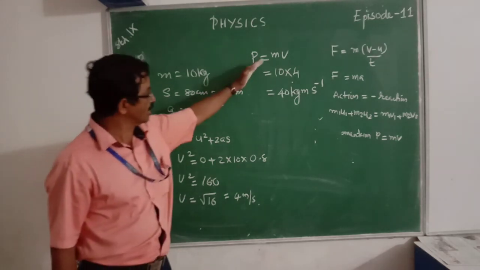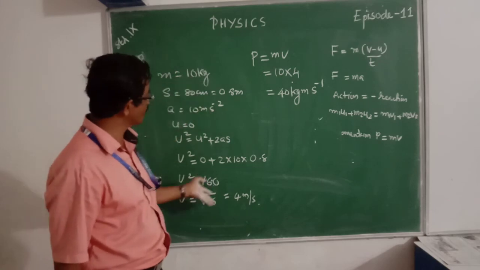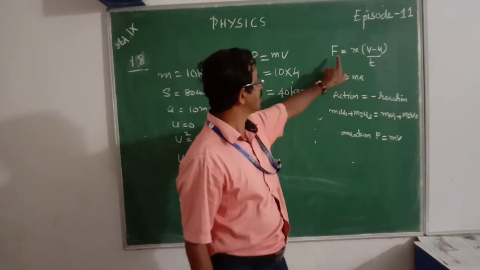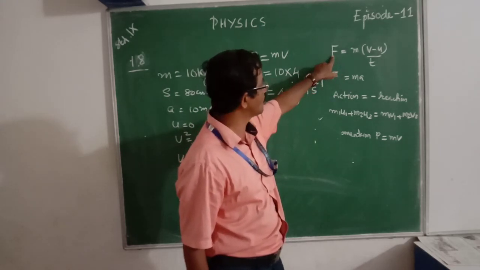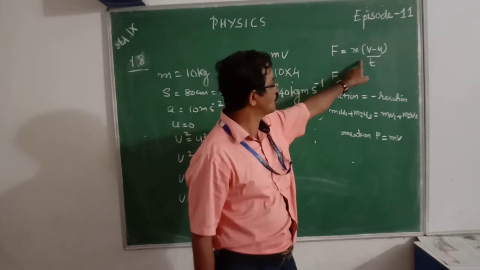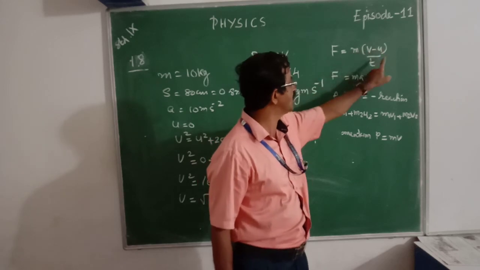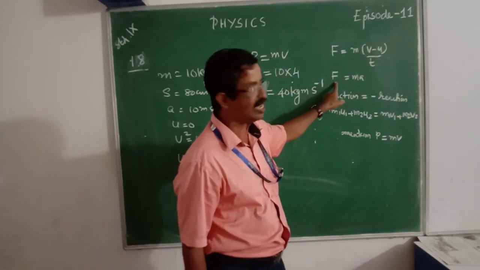So these are the problems given in your exercise. To solve these problems, what are the things you want to remember? You should remember this equation from the second law, rate of change of momentum, that is equal to m into (v minus u) by t, and also F is equal to ma.